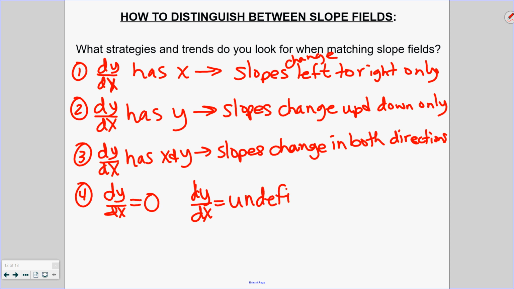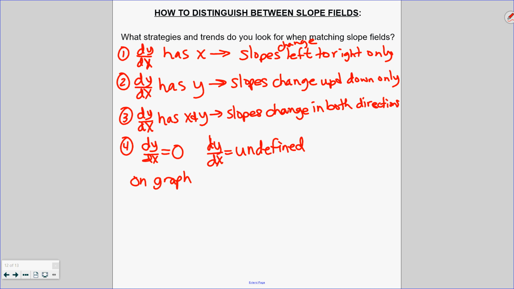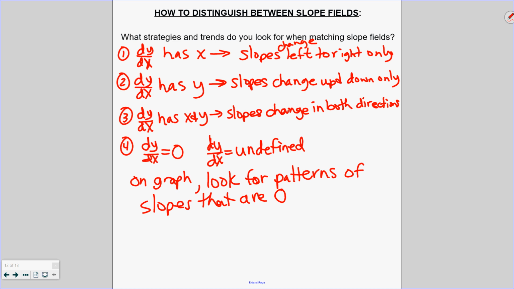And then honestly, I usually go from the graph to the equation. On the graph, I'm going to look for patterns of slopes that look to be 0, or look to be 1, things like that.